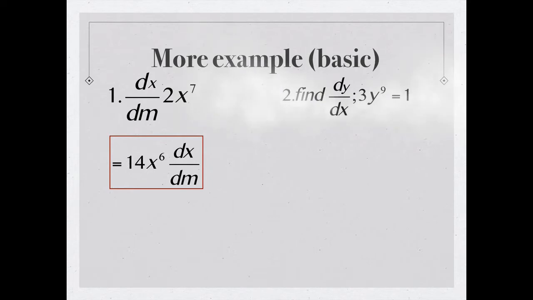Now for the second example, let's find the derivative of 3y to the 9th equals 1. We're going to use the rule for implicit differentiation for this function. Now here are the steps.